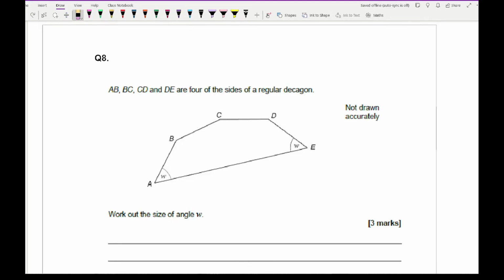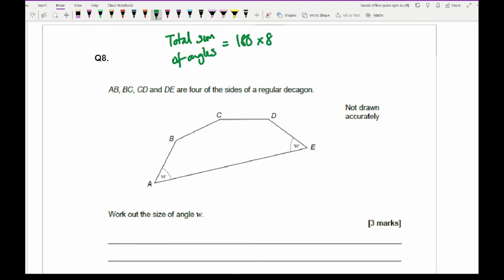So looking at question 8, it says that AB, BC, CD and DE are 4 sides of a regular decagon. And the question is asking us to work out the size of angle w. So first of all, let's work out the total sum of angles in a decagon. The sum of angles is going to be 180 times 8.